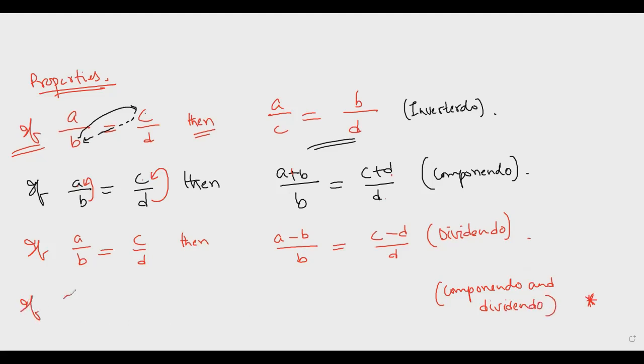Componendo and dividendo says: if A by B is equal to C by D, then A plus B divided by A minus B is equal to C plus D divided by C minus D. This is the most important part of this ratio. SSC asks questions based on this.